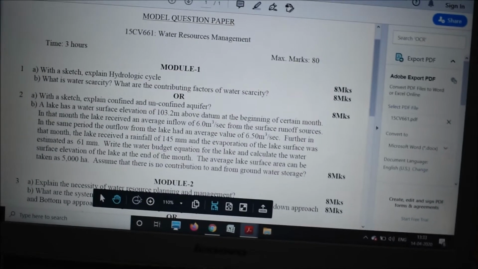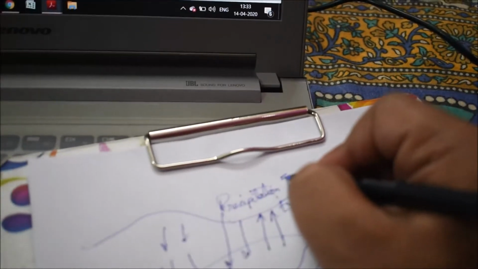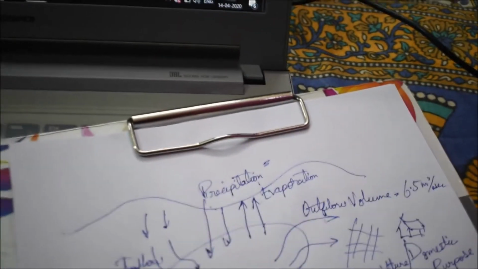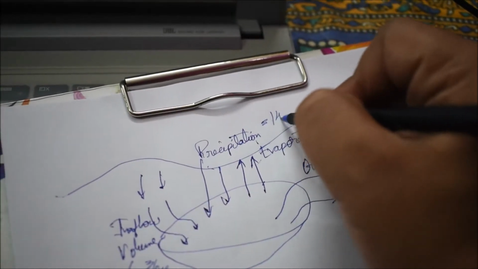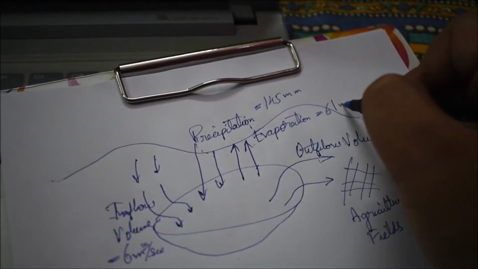The precipitation is 145 mm and evaporation is 61 mm. So I'll just write it here. Precipitation is 145 mm and evaporation is 61 mm.